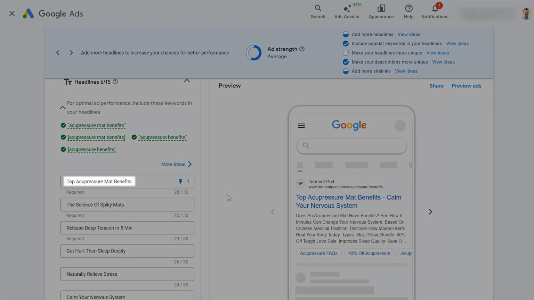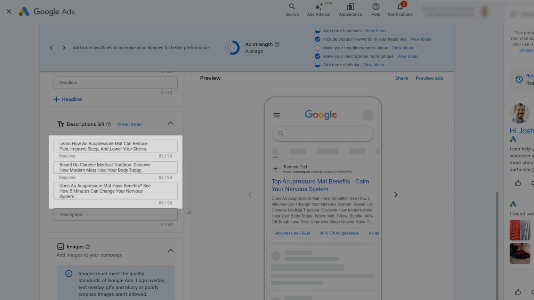Your ad copy should match intent, not sell aggressively. The headline needs to closely match the search term. If the keyword is something like acupressure mat benefits, your headline should match, like top acupressure mat benefits. The description should reinforce the education angle, not push a discount or get people to buy.